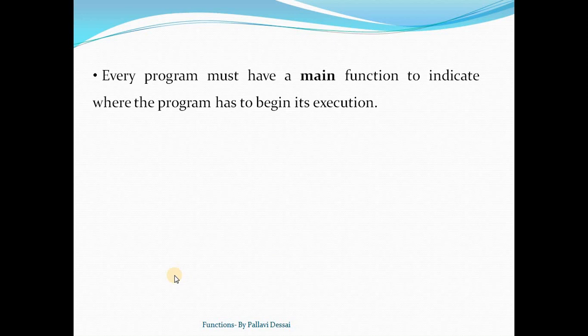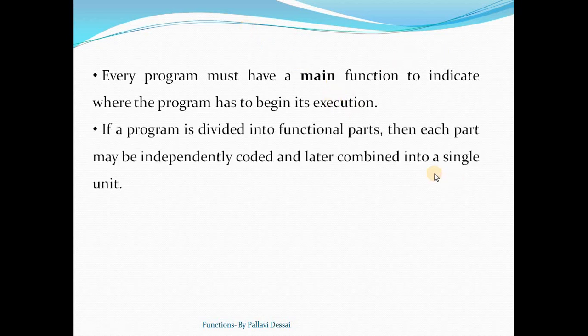Every program must have a main function to indicate where the program has to begin its execution. We have already seen in the structure of a C program that the program execution starts from the main function. If a program is divided into functional parts, then each part may be independently coded and later combined into a single unit.